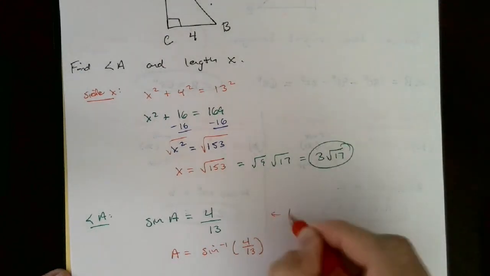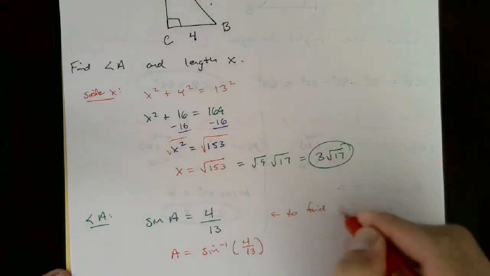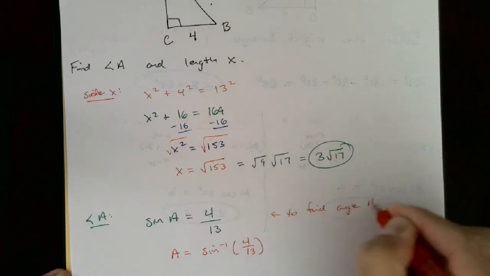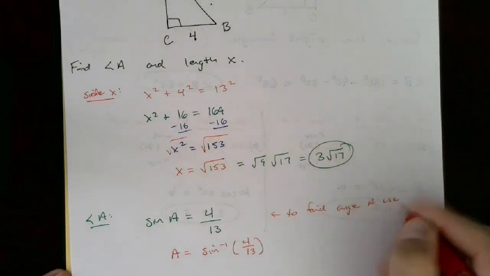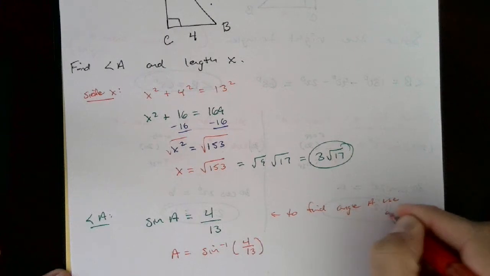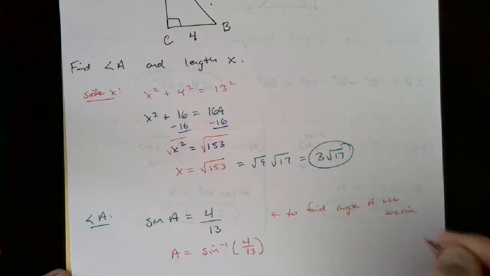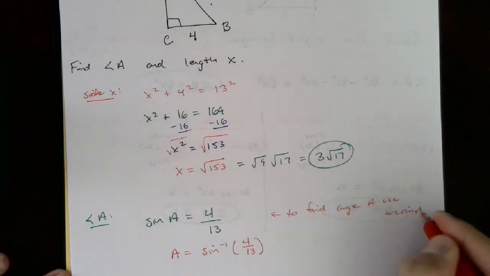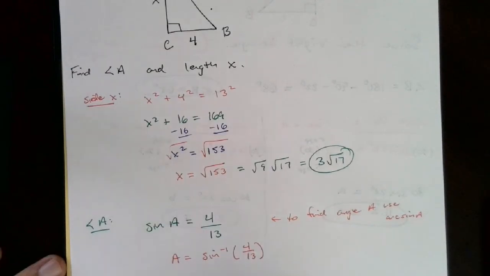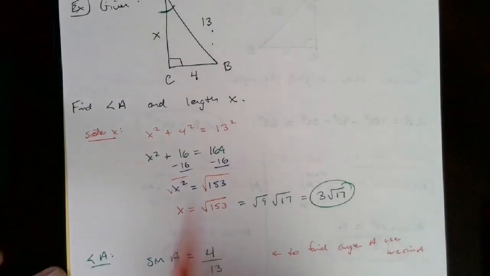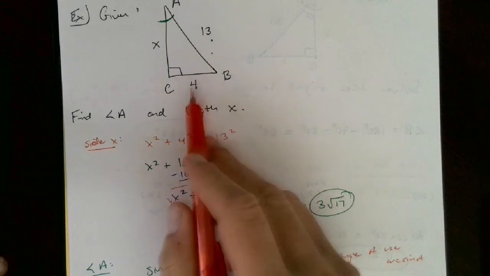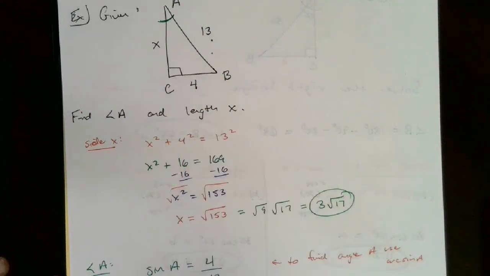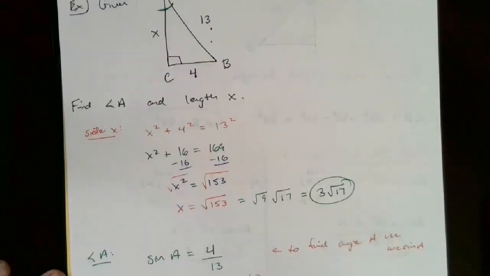To find angle A, you want to use the arc sine. The reason we're using arc sine is because the relationship between the sides I know was the opposite over the hypotenuse. This is why we're using sine.